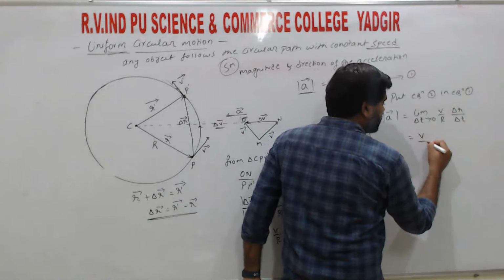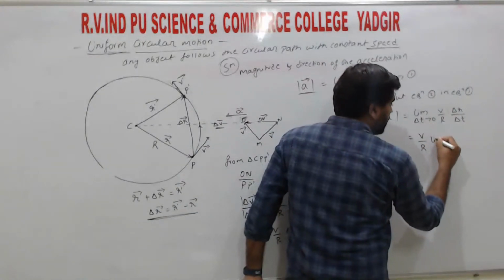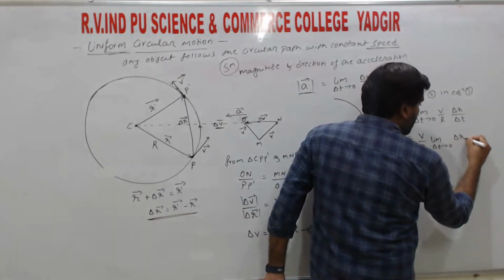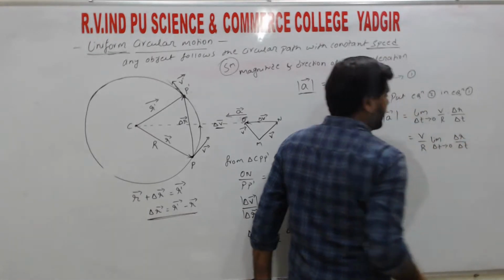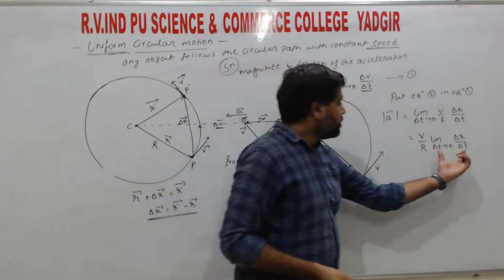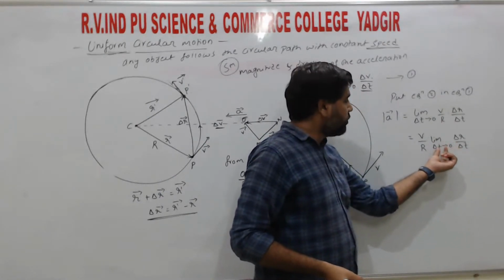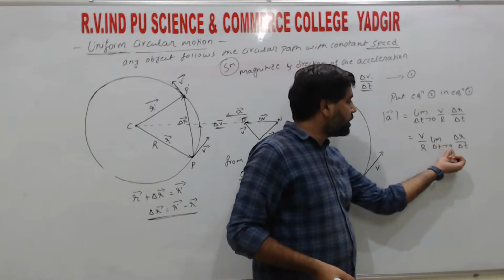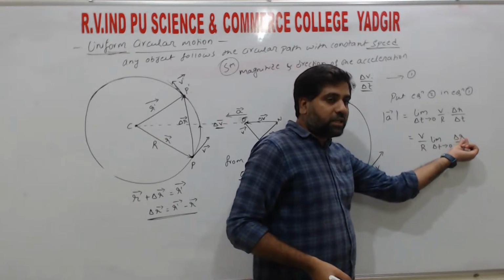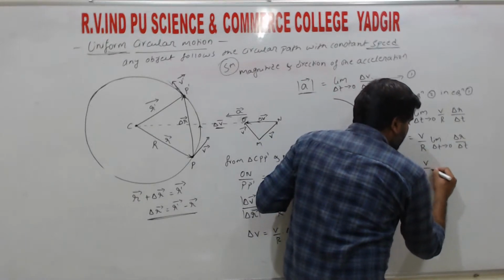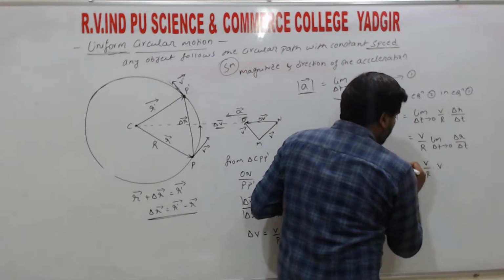So we can take V divided by R outside, limit delta t tends to 0, delta R by delta t. Again this gives the definition of the velocity: instantaneous velocity is equal to limit delta t tends to 0, the change in displacement to the change in time. So we can write this as V divided by R into V.